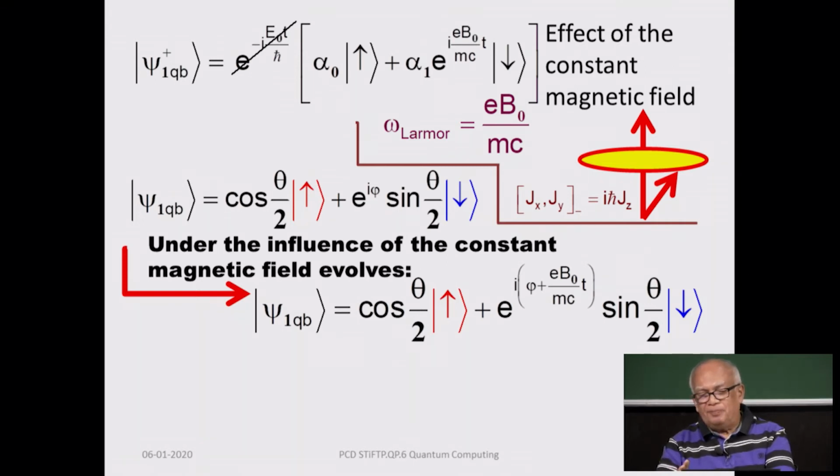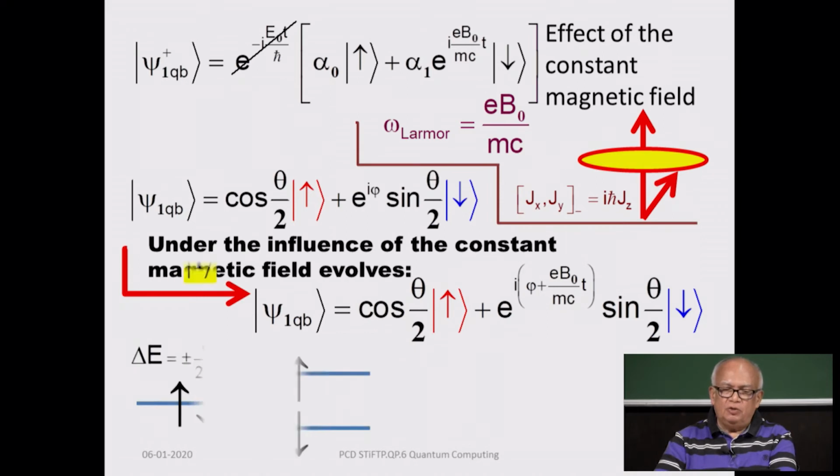Okay? It is the same qubit, superposition of spin up and spin down. The coefficients are cosine theta by 2 and sine theta by 2, but the sine theta by 2 has got the second real number which you require, which is e to the i phi. But then there is also this magnetic field which you have now switched on, as a result of which the dynamic phase will evolve, and that is built into this relation now.